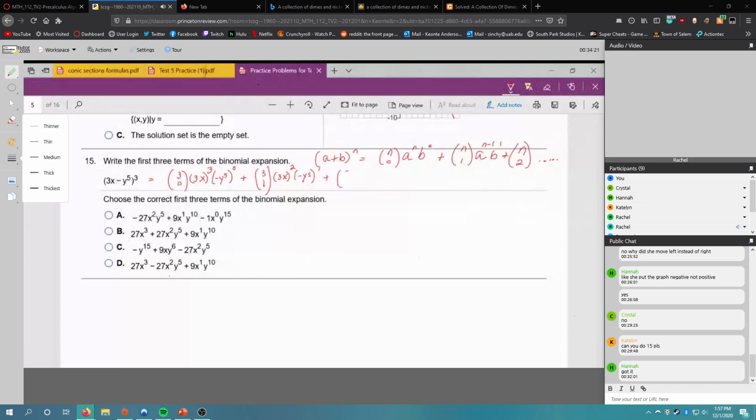Plus 3 choose 2, 3x to the 1st power, negative y to the 5th to the 2nd power. Plus, now the last term is 3 choose 3, so the first term should be to the 0 power, and the second term should be to the n power, which is 3.